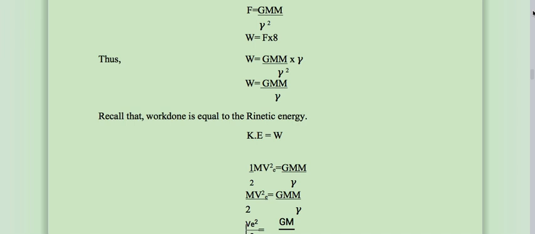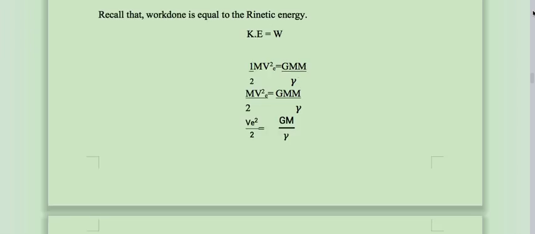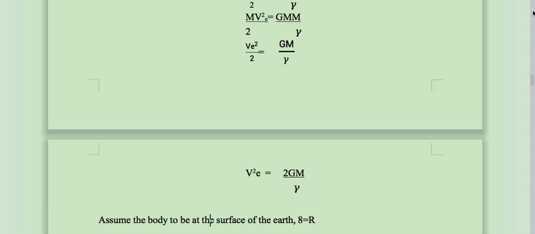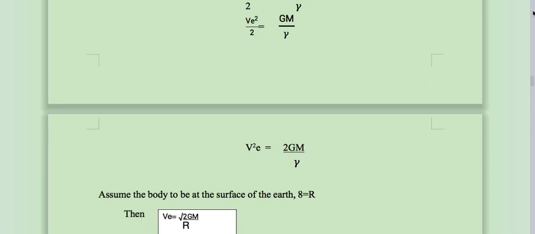Equating both equations, m will cancel m. We are left with what? V squared all over 2 is equal to capital G, capital M, all over R. Making V squared the subject of the formula simply means cross multiply. The 2 goes up, becomes 2G, capital M, all over the R. That becomes our formula for the escape velocity.